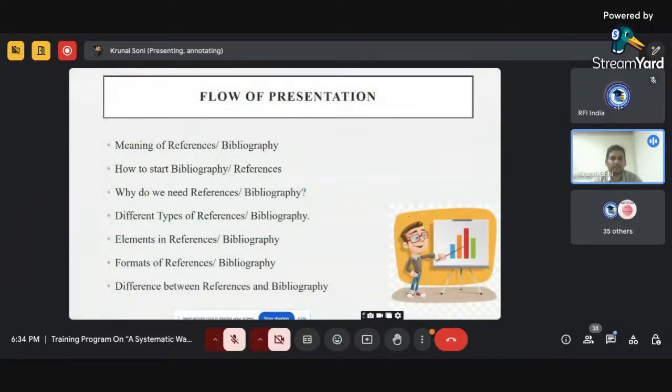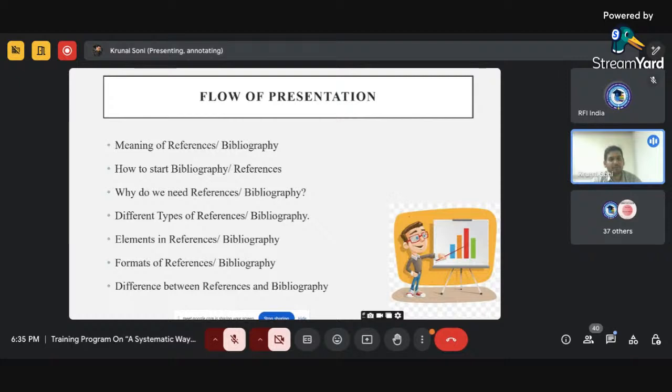In this presentation, these are the topics we are going to cover. Firstly, we will see the meaning of referencing and bibliography. We will also see how to start, where the referencing and bibliography collection in research will start.